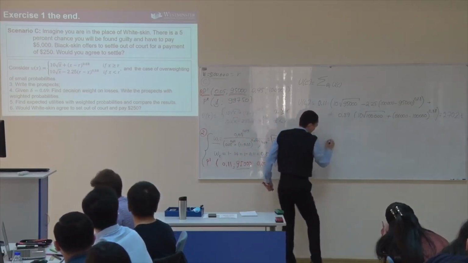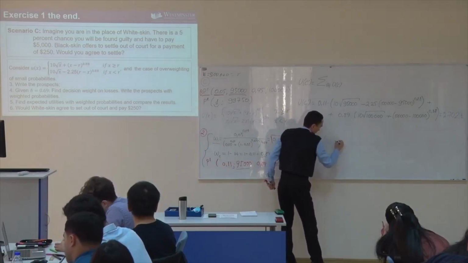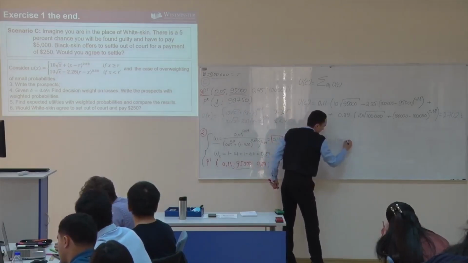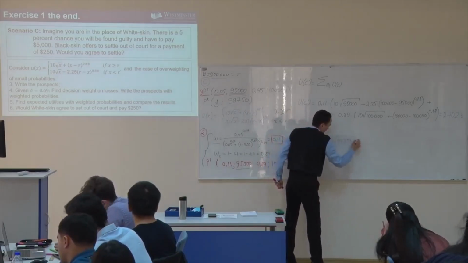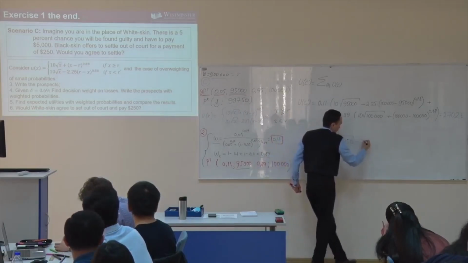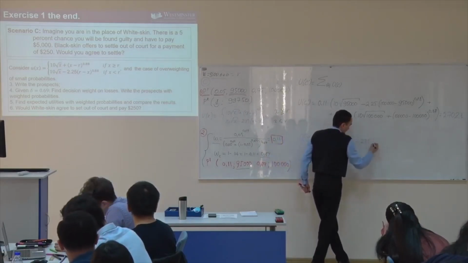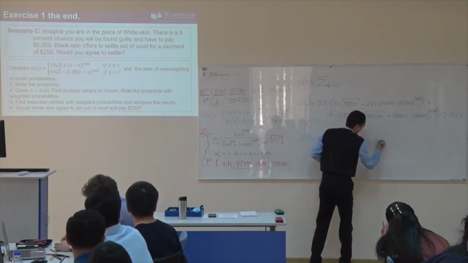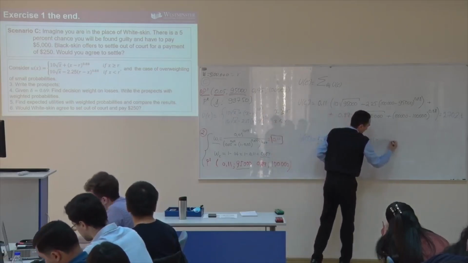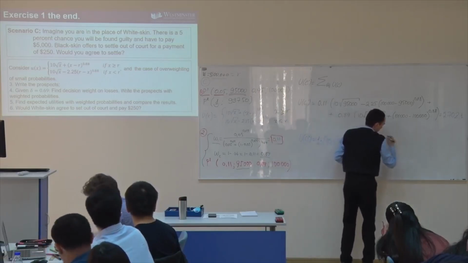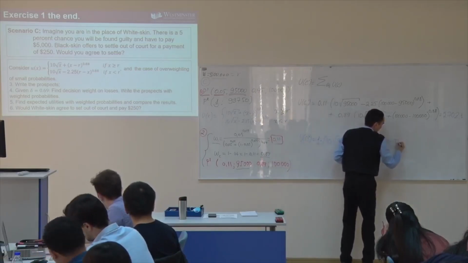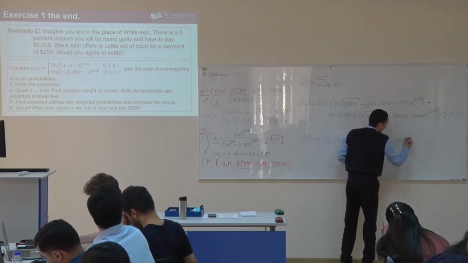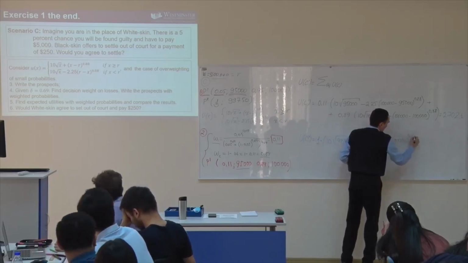So now 10 in the square root of 99,750 minus 2.25 times reference point 100,000 minus 99,750 in the power of 0.88.